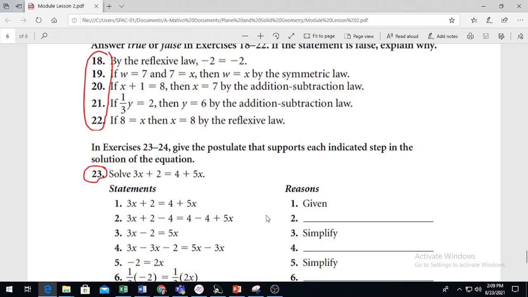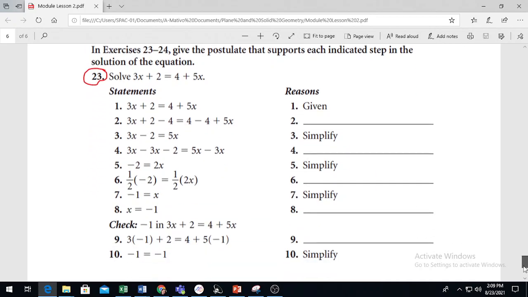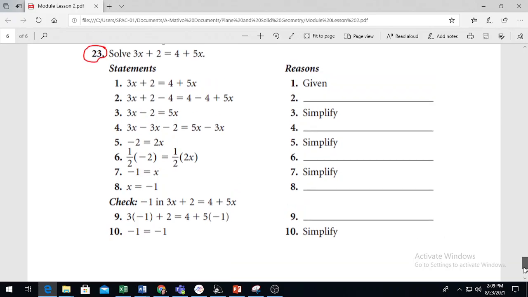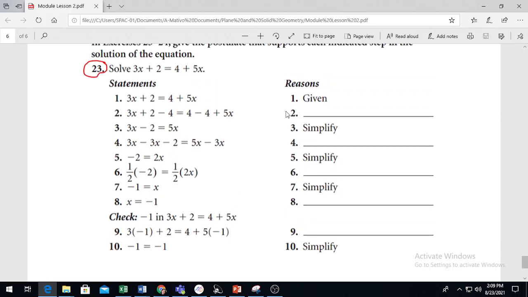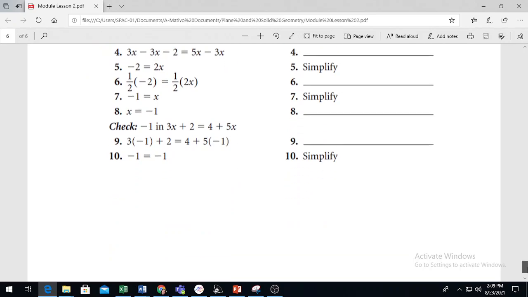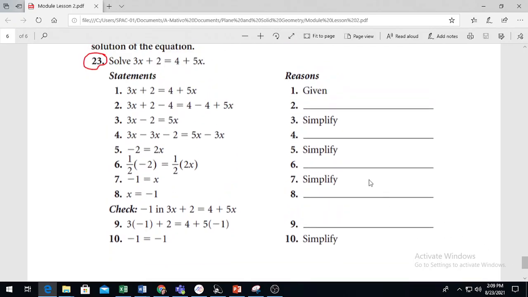And then number 23, provide the law given in this portion. The subtraction and addition, multiplication and division are clear there. Just supply the needed algebraic laws to give reasons for how you solve the equation.